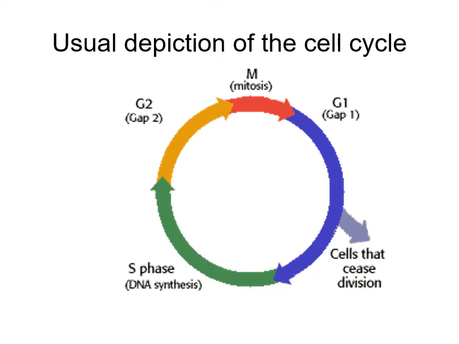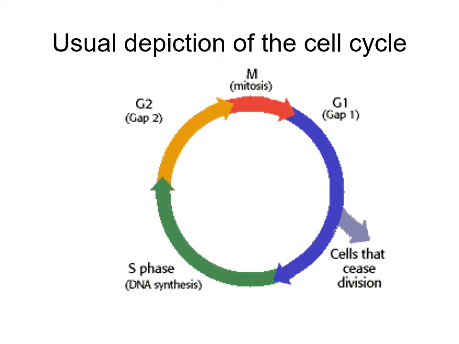There's also a cell cycle stage called G0, where cells that are exiting the cell cycle are ceasing division. Okay, at some point when nutritional conditions are correct, the cell will enter the S phase in which DNA is replicated. Following that, we have G2, which is another phase of growth.